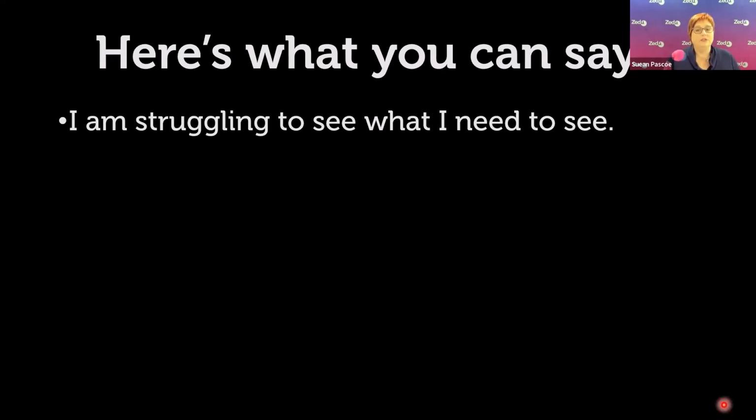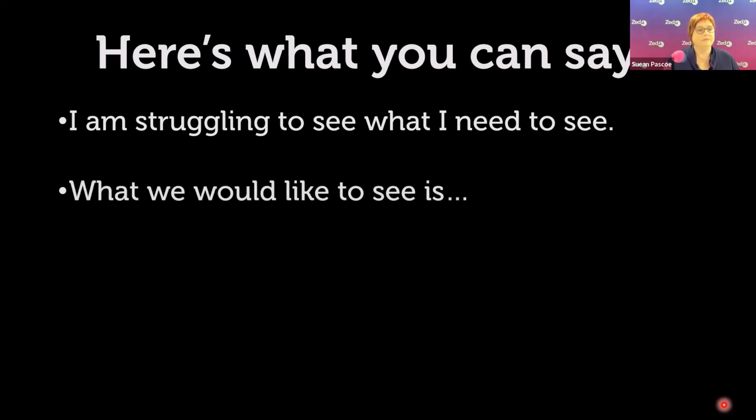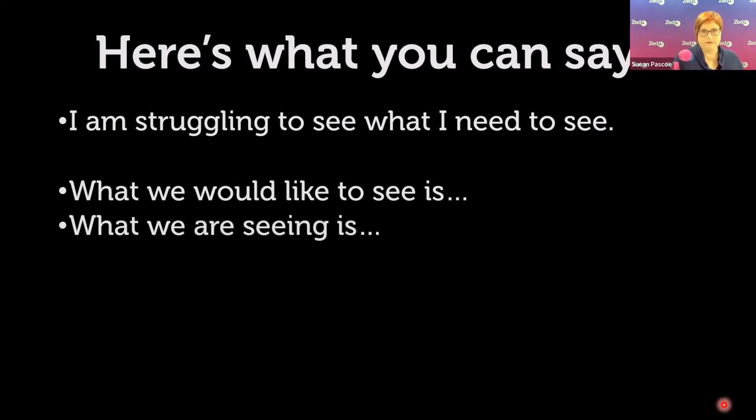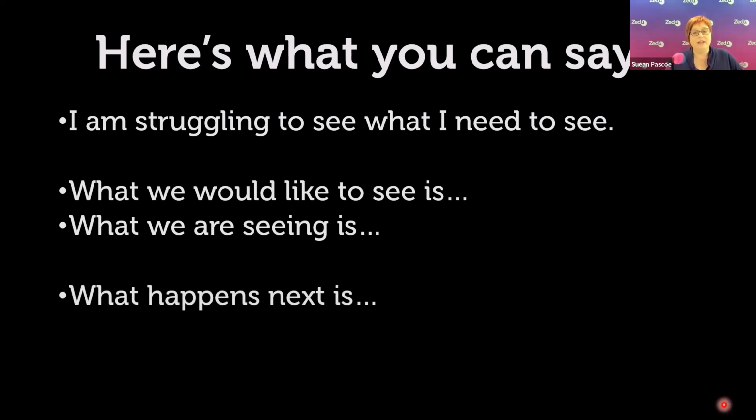And so the next thing we do is go on to explain what we would like to see at this stage of the pregnancy, but what we are seeing is something different. And you explain what that is depending on where you are in the pregnancy. And lastly, now they're probably in shock, and so it's really important for you to give them a what happens next.